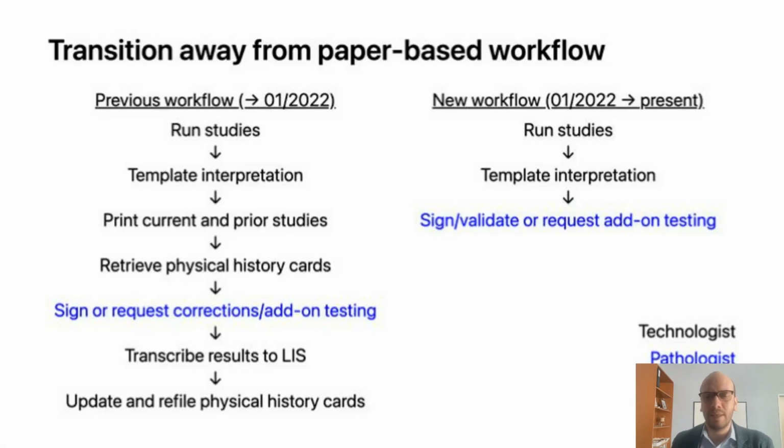Once the study is validated, it flows through a digital environment and automatically to our laboratory information system, and next to the electronic health record to land in the patient chart. So comparing these two workflows, you can see we now have fewer steps, and we have eliminated all physical intermediate paper trail that was part of the workflow on the left.